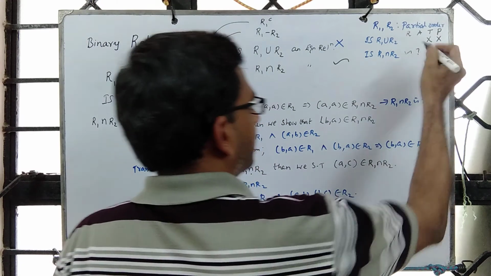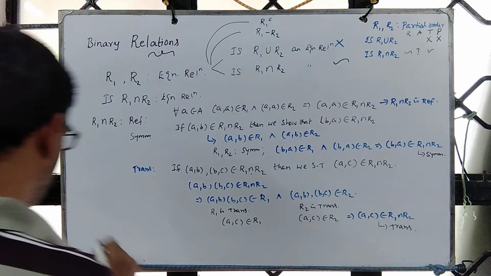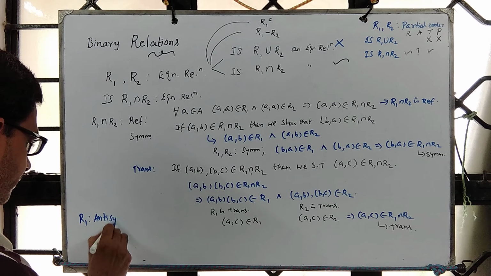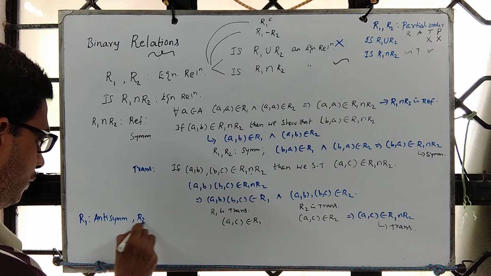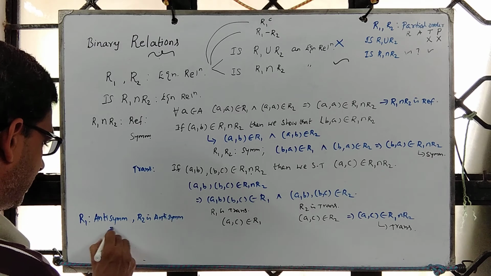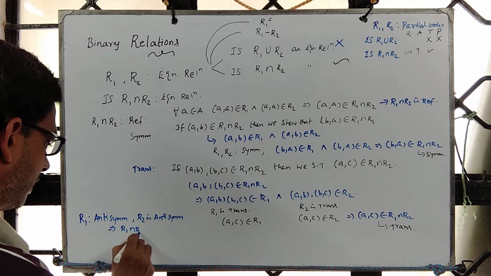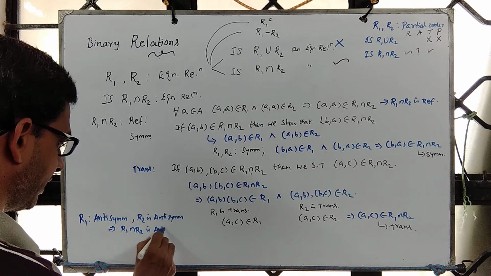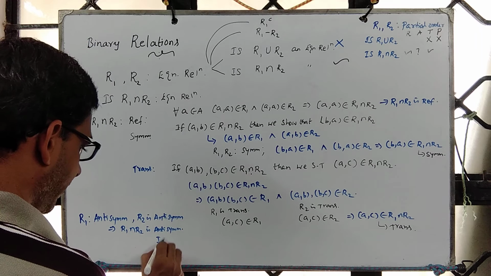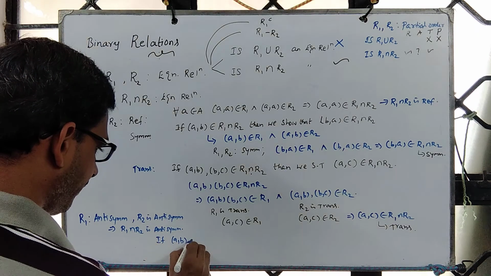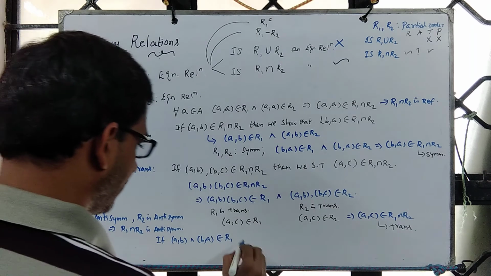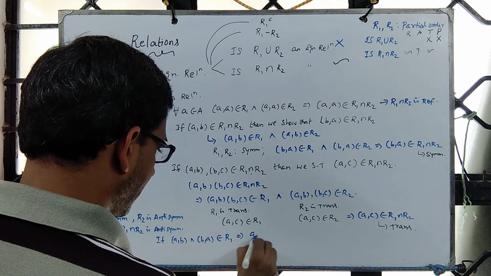Let's check antisymmetry. R1 is antisymmetric, R2 is antisymmetric. Does this imply R1 intersection R2 is antisymmetric? In R1, if (a, b) and (b, a) are both present, that implies a equals b.